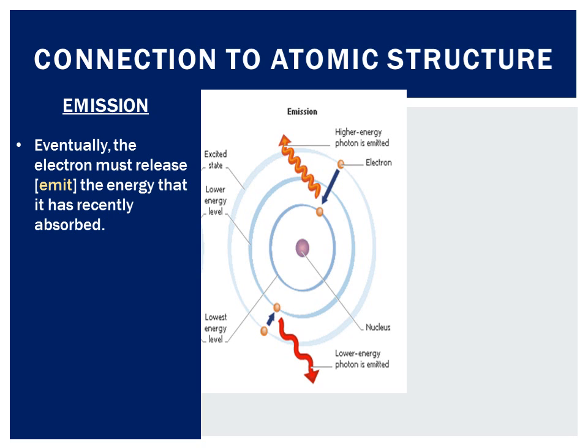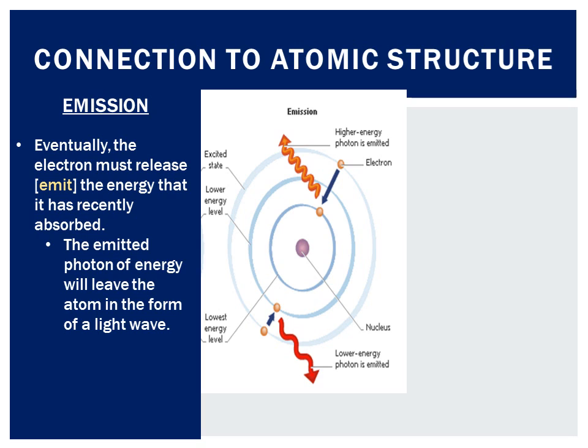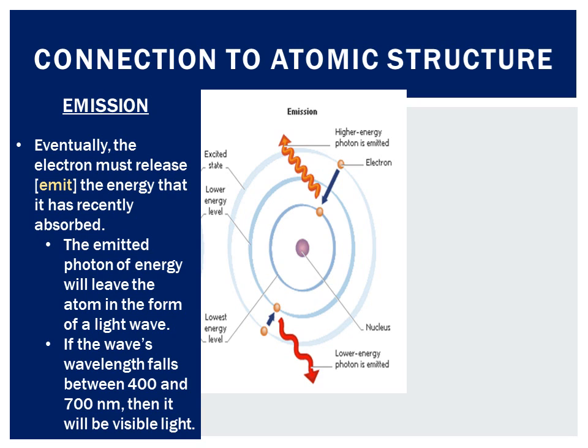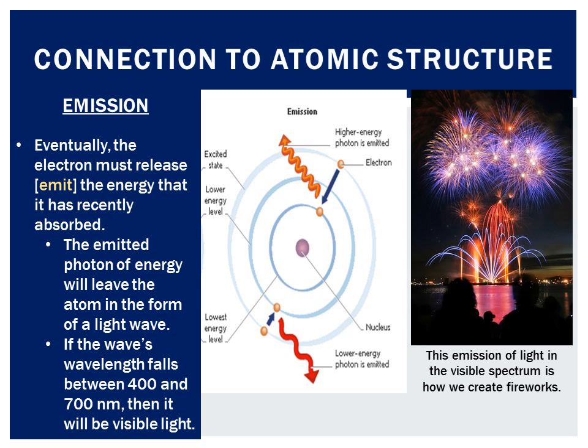So eventually the electron will release or emit that energy that was recently absorbed. The emitted photon of energy leaves the atom in the form of light. If it falls within that visible light spectrum, we will see it as visible light.